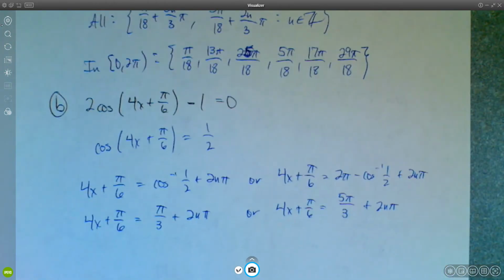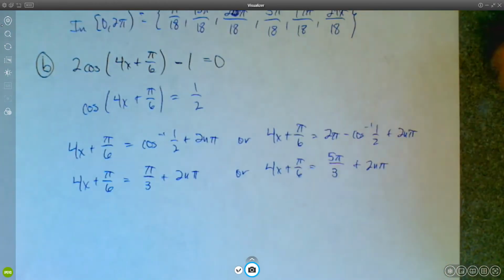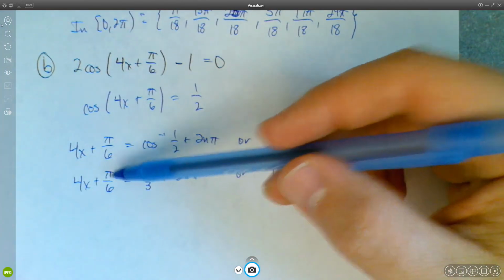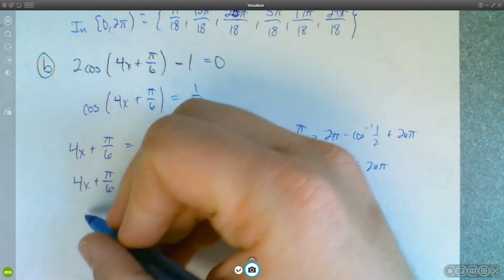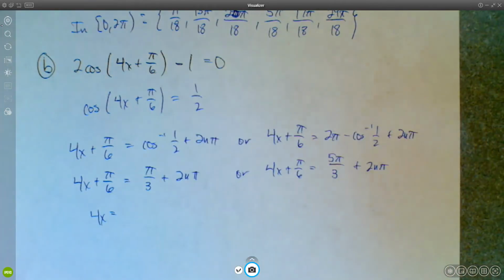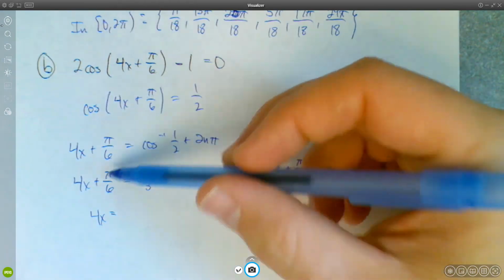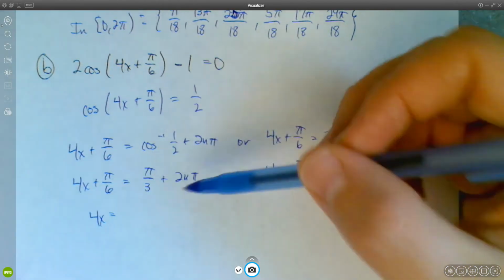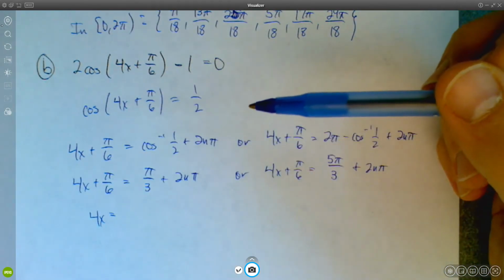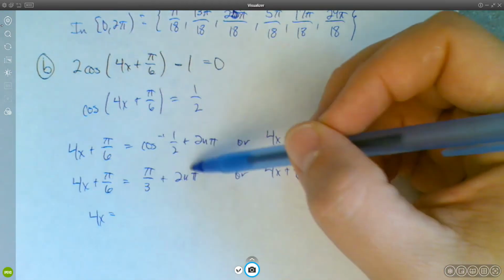Okay. And now we just need to solve for x. So to solve for x here, the first thing I would do is move the pi over 6 over in both cases. When I move the pi over 6 over, we combine like terms, okay? So pi over 6 and pi over 3 are both just constants, whereas 2n pi is a variable term, and so we're not going to subtract the pi over 6 from the 2n pi.